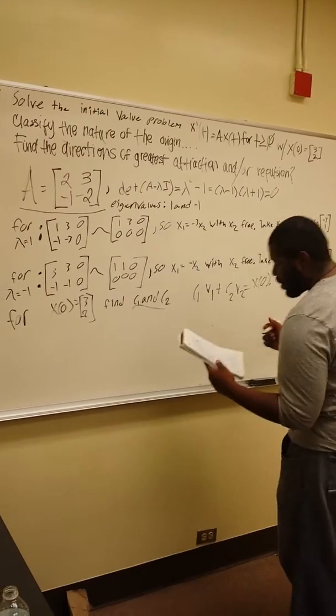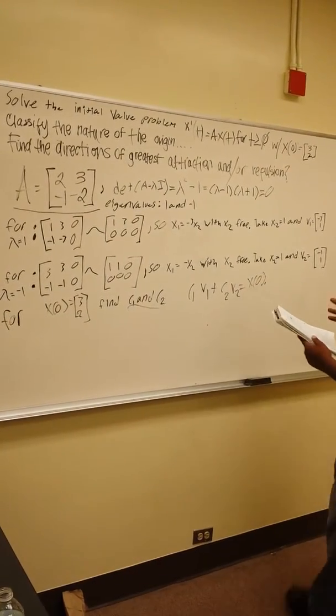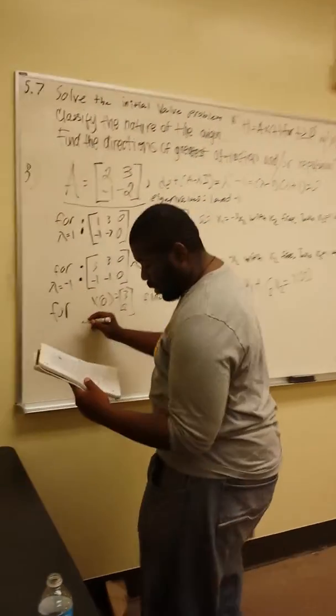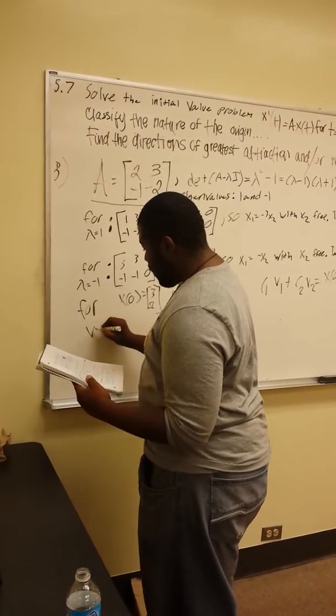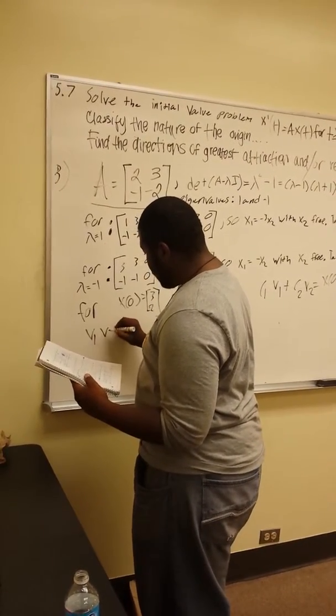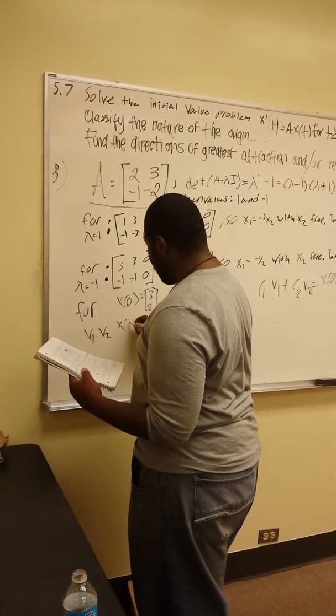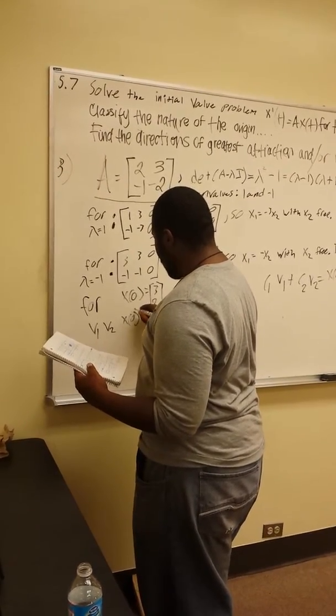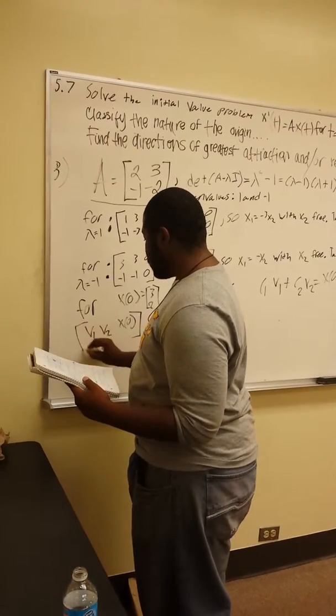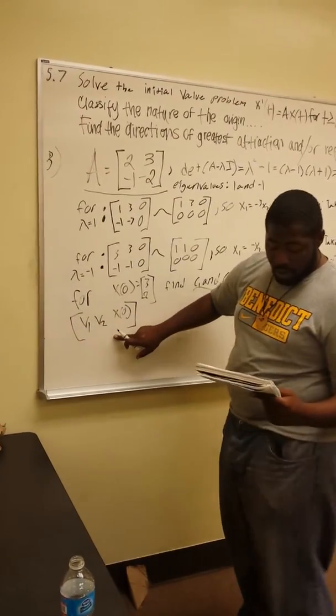What we're going to have is v1, v2, and x of 0. This is what we're finding.